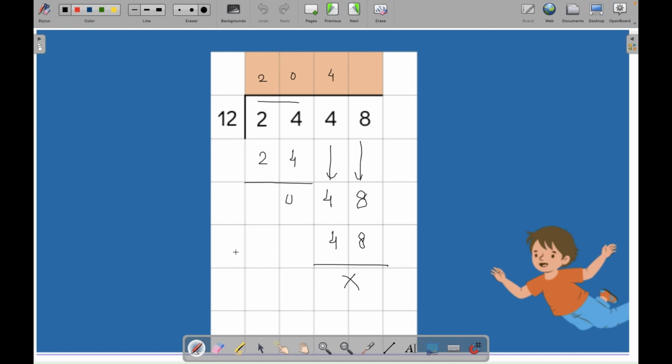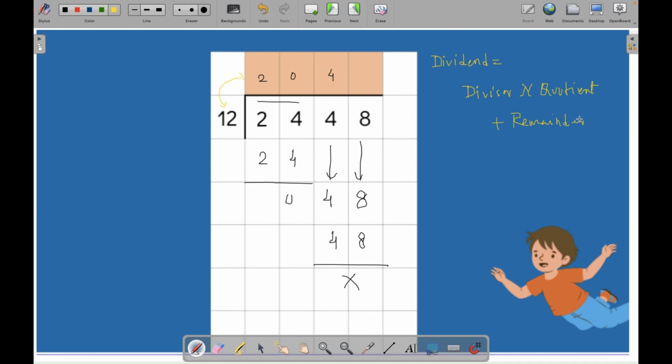And one more thing, how do we check that our answers are correct? We can just multiply the divisor with the quotient and add the remainder. So what I am saying, the dividend must be equal to divisor into quotient plus the remainder.